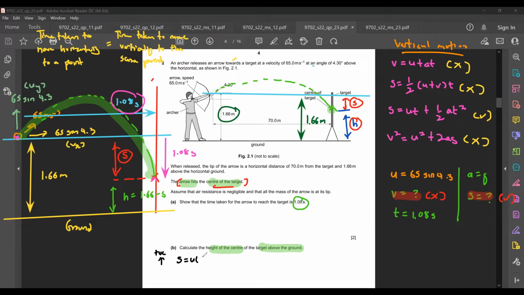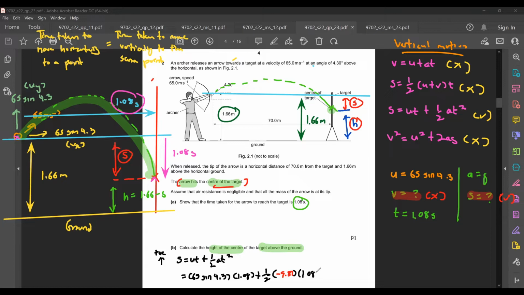You get s equals ut plus half at squared. Your initial vertical velocity would be 65 sine 4.3 times 1.08, plus half times negative 9.81, because your gravitational acceleration is opposite to your sign convention.